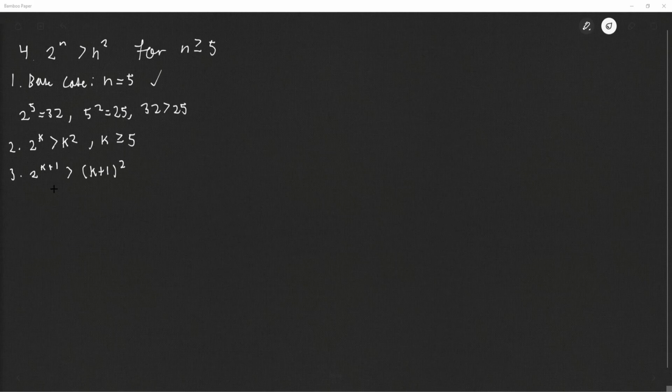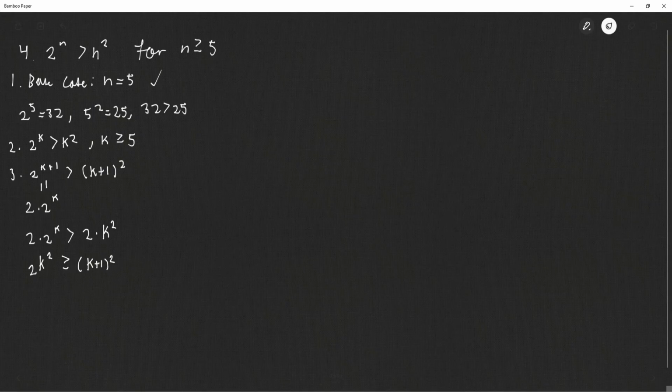However, 2 to the power of k plus 1 is equal to 2 times 2 to the power of k. But using the hypothesis, if we have 2 times 2 to the power of k, we can just set this greater than 2 times k squared, since it's just our hypothesis with a multiplication by 2 on each side. So now it's enough to show that 2k squared is greater than or equal to k plus 1 squared.